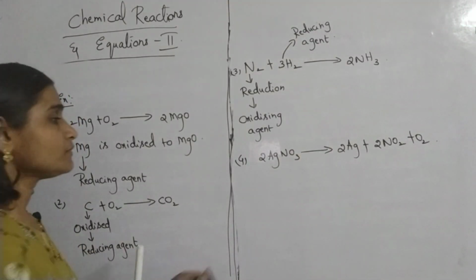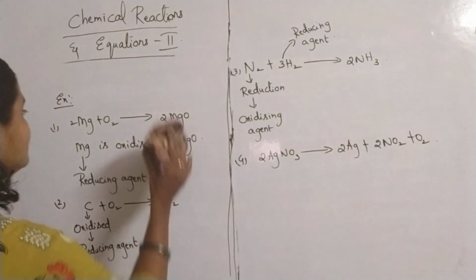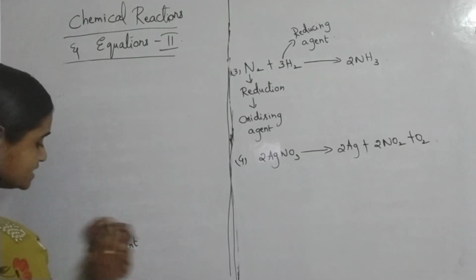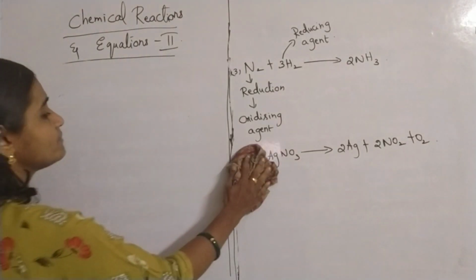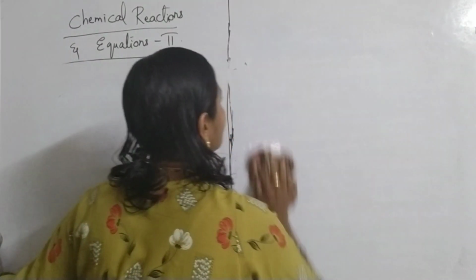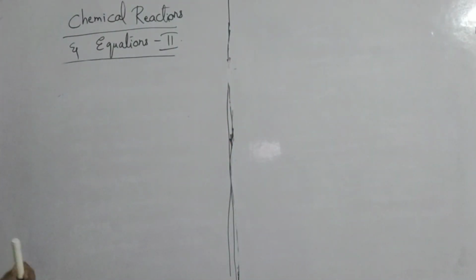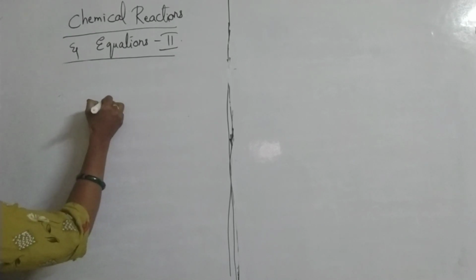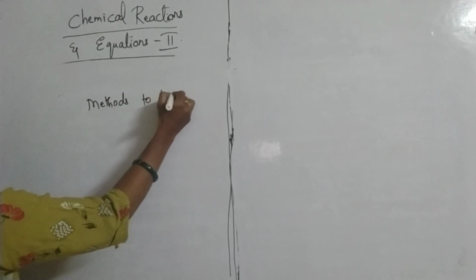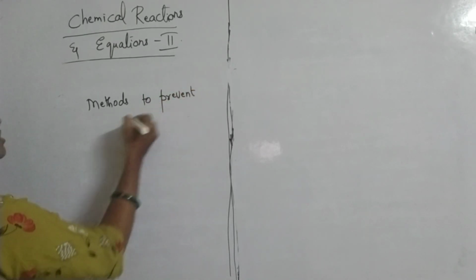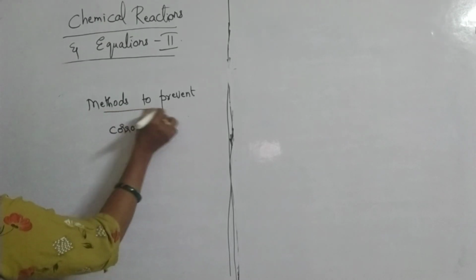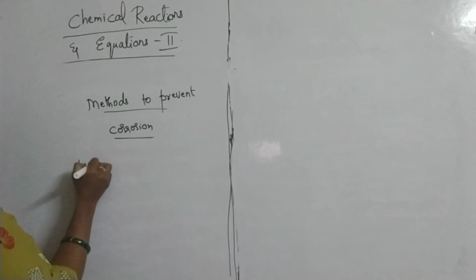And you have certain methods to prevent corrosion. I forgot to discuss that. What are the different methods to prevent corrosion? You have oiling, painting, greasing.